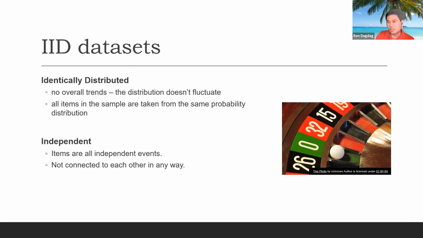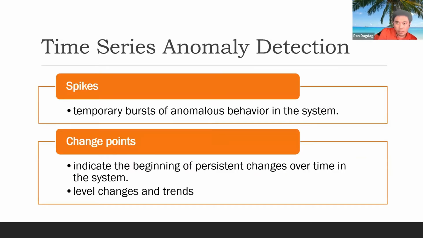So that's what makes it IID, or an independent and identically distributed data set. So for time series anomaly detection, we can detect spikes and change points. Spikes are bursts in anomalous behavior in our system, and change points is when it persists changes over time, the level changes and trends.